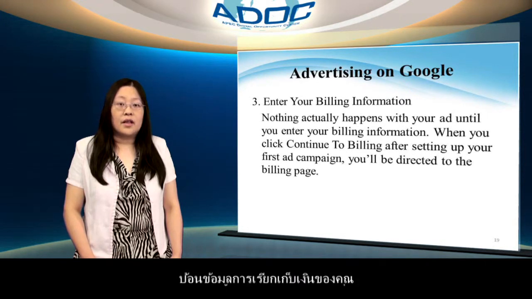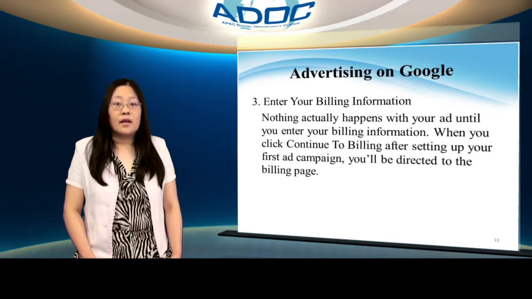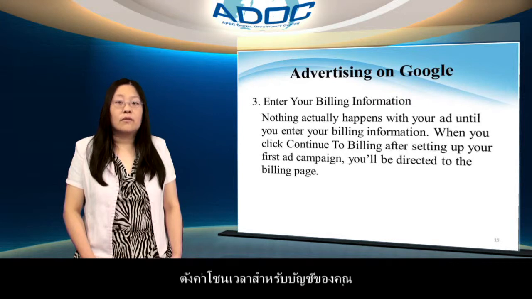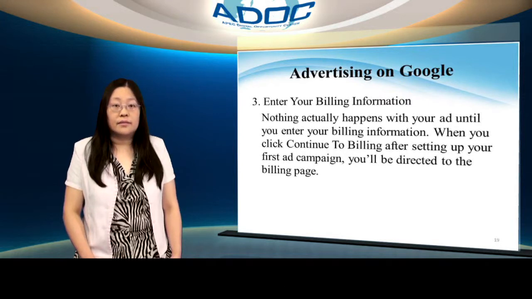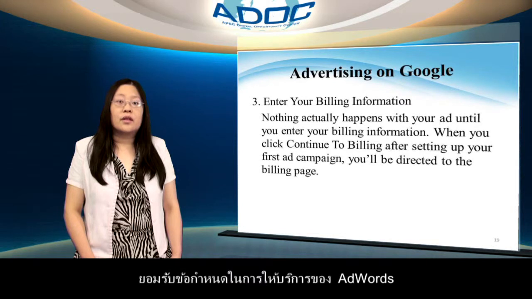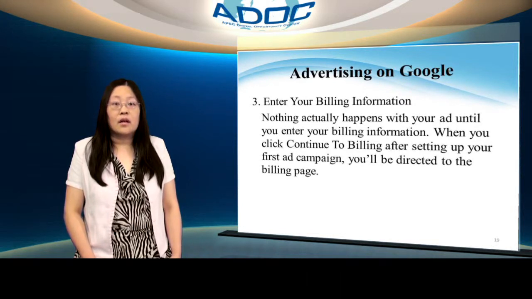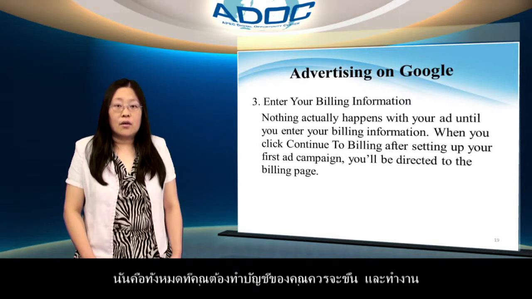Enter your billing information. Set a time zone for your account. Agree to the AdWords terms and conditions. Click Save and Activate. That's all you need to do. Your account should be up and running.